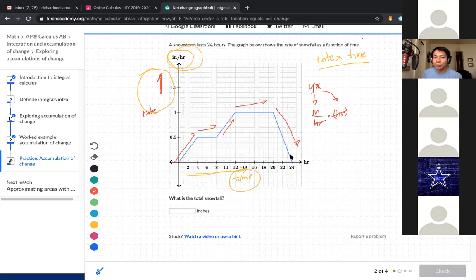Now the question is, how would we find the total snowfall based on this whole graph, without looking outside and measuring the total number of inches? Any ideas, guys? Break it into pieces so you could turn it into like a triangle.